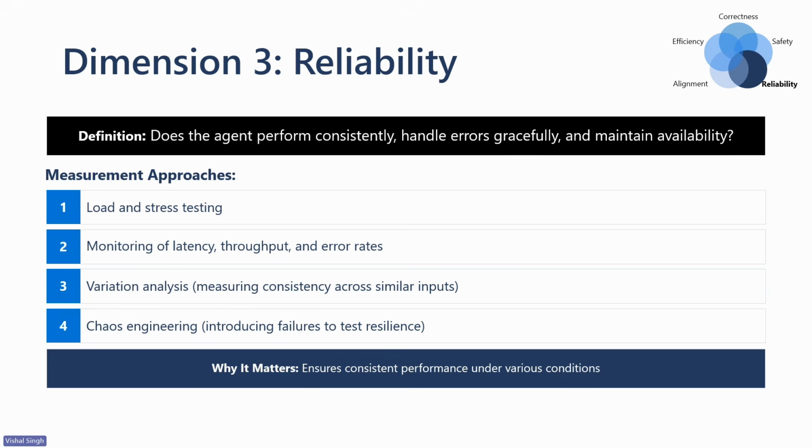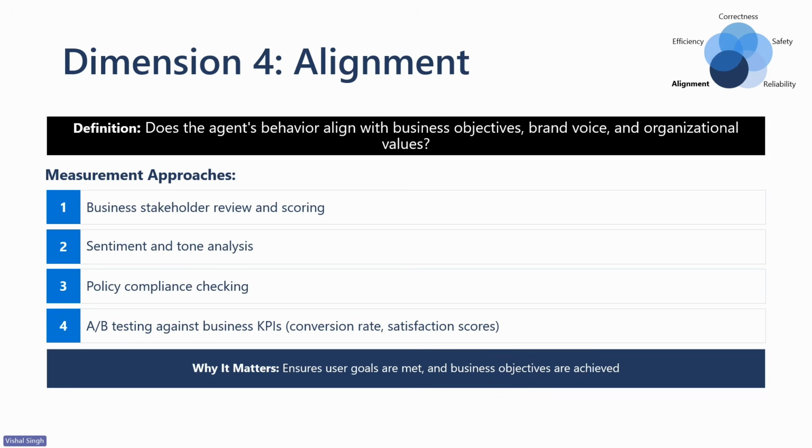So these aspects of an agent are really critical in order to be reliable in the longer sense. Number 4 is alignment. Now, alignment checks whether the agent's behavior is aligning with the business objective or the core principle on which the agent has been built, and with the organization's values.